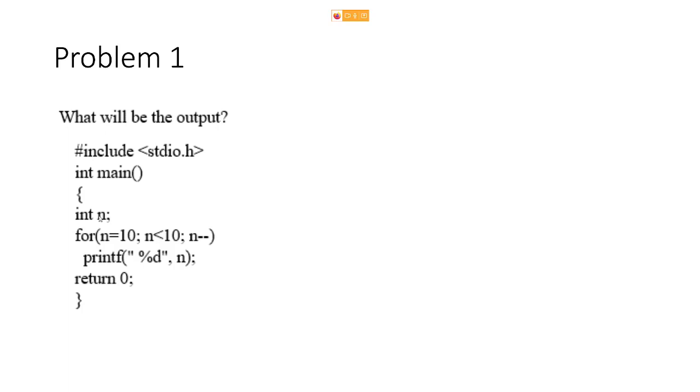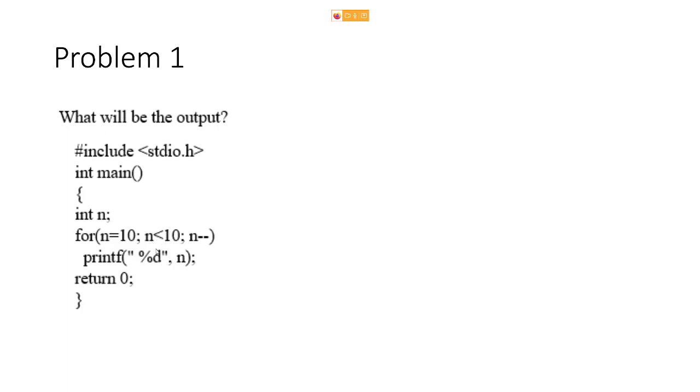Then we initialized the variable with 10. Here we have assigned a value to n, which is 10. Then checking the condition, 10 is less than 10, which is false. That's correct. So we check the condition, and if it is false, we do not go inside the for loop. So basically it will not print anything.